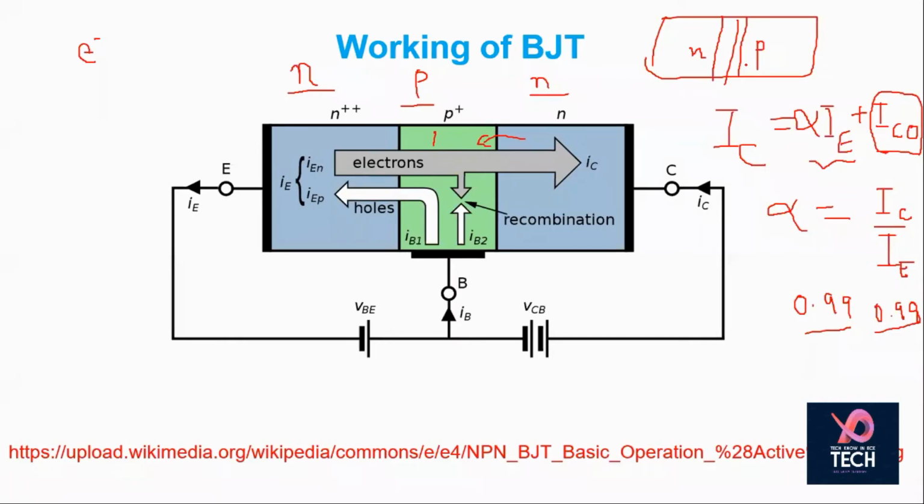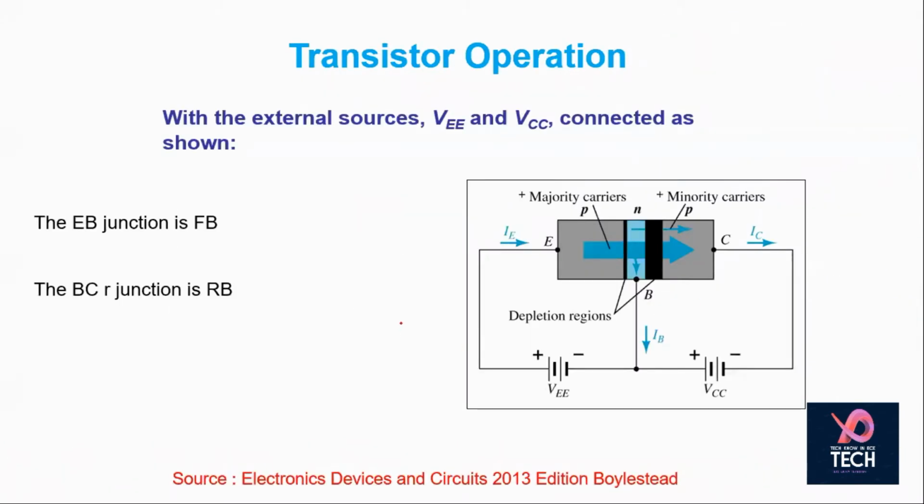So here we can discuss this particular PPT. The emitter junction is forward biased, and the base collector junction is reverse biased. We already know there is a term called depletion width. When your junction is forward biased, your depletion width is minimal, and when your junction is reverse biased, your depletion width is on the higher side.